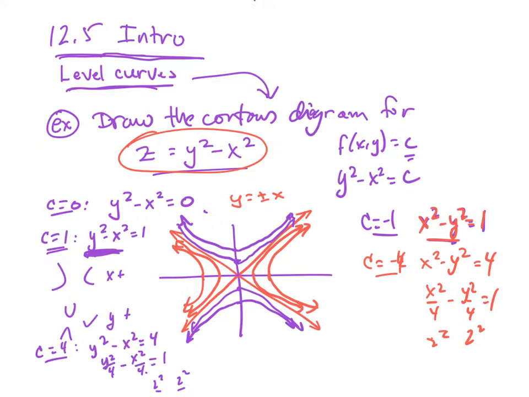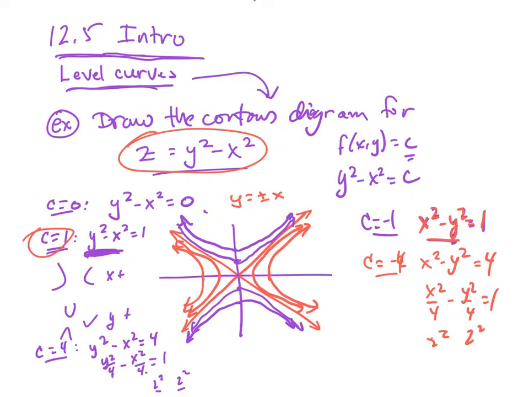Notice that when I graph these red ones, besides y equal to x, those would be below the xy plane, because z would be negative. And the purple ones would be above the xy plane because c is positive. I hope that helps with level curves.